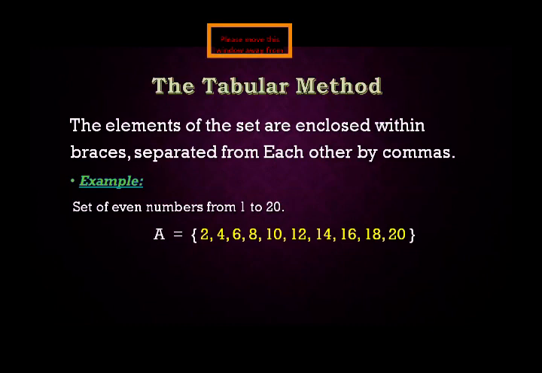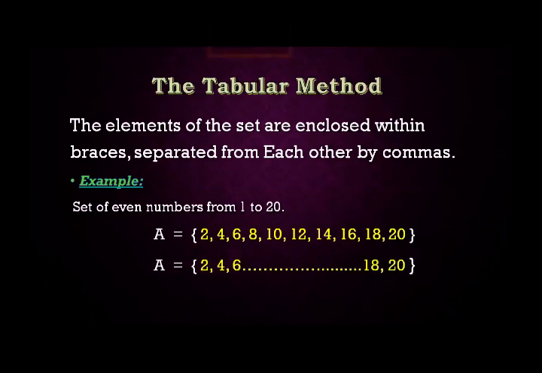In tabular method, elements of sets are enclosed within the braces and separated from each other by commas. Now, the second example: 2, 4, 6 till 18 and 20. Both are the same.